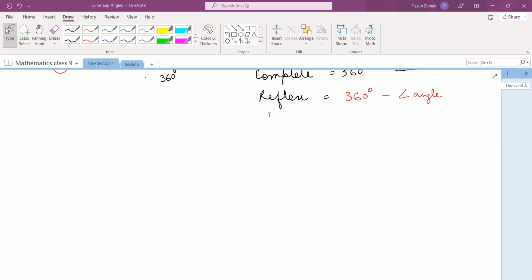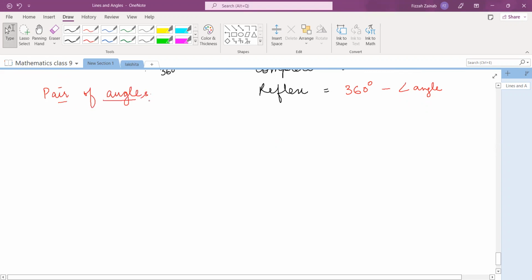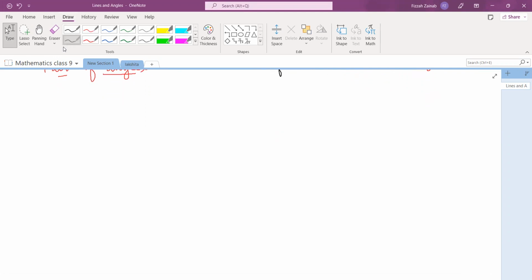Fine. So this much was about lines and angles. Now if I talk of pair of angles, if I have two angles, there are some special relationships. So the first pair is called complementary angles.